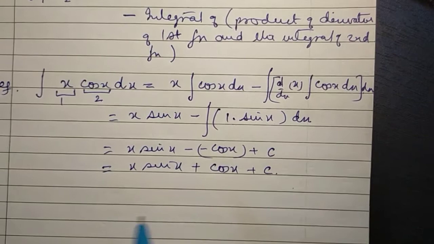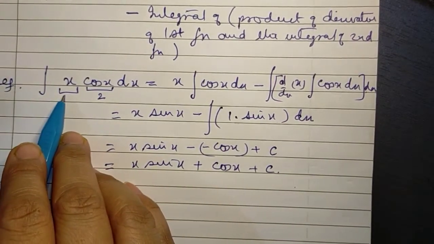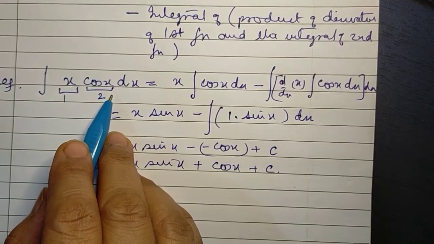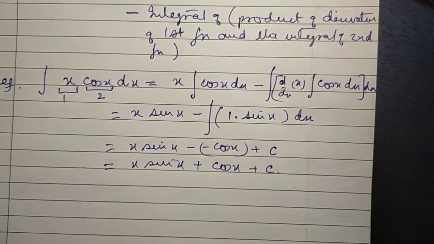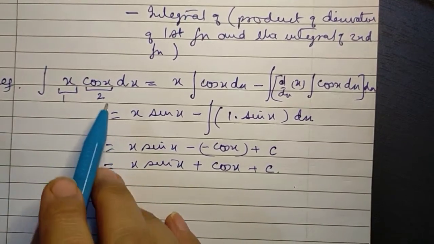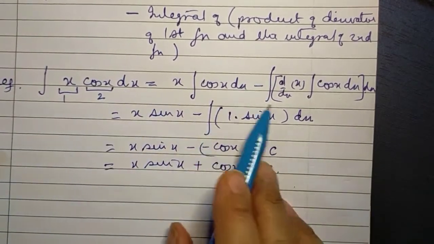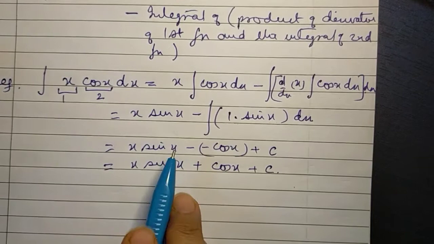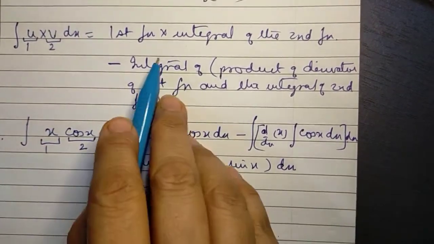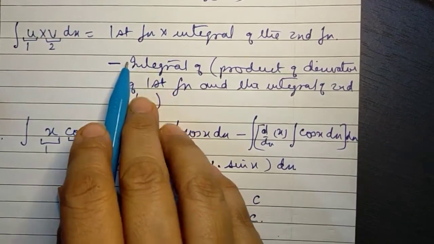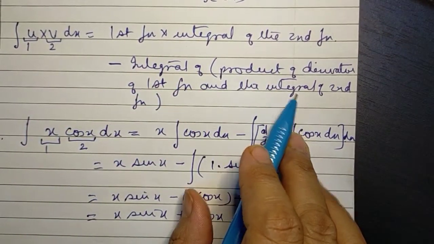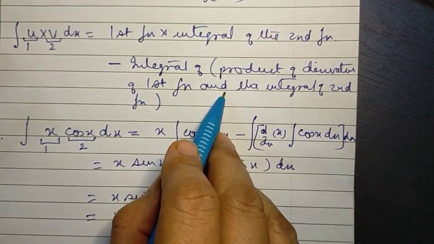Now the question arises: is there a method of choosing the first function and the second function, or do we just choose it like that? What is the use of the first function and what is the use of the second function in this procedure? If you observe carefully, the first function in this entire procedure doesn't get integrated at all.